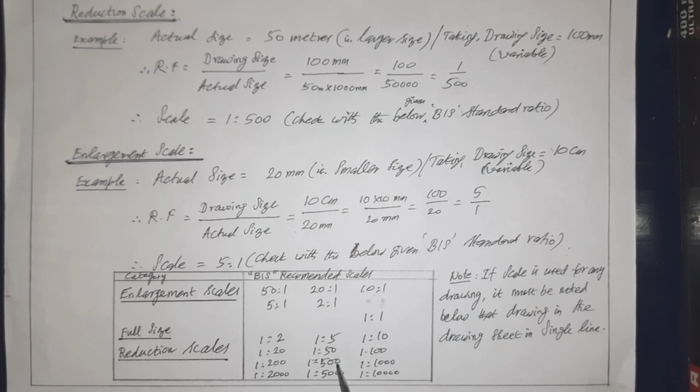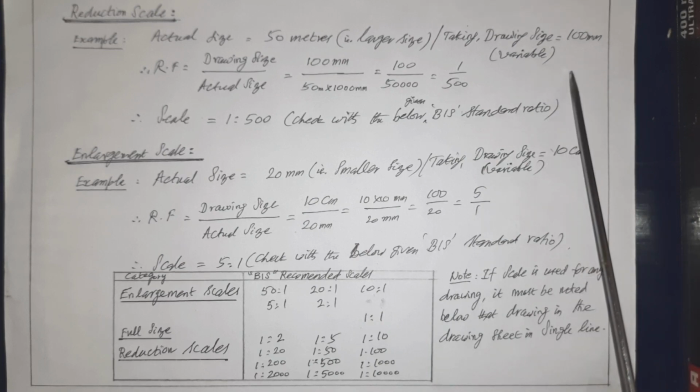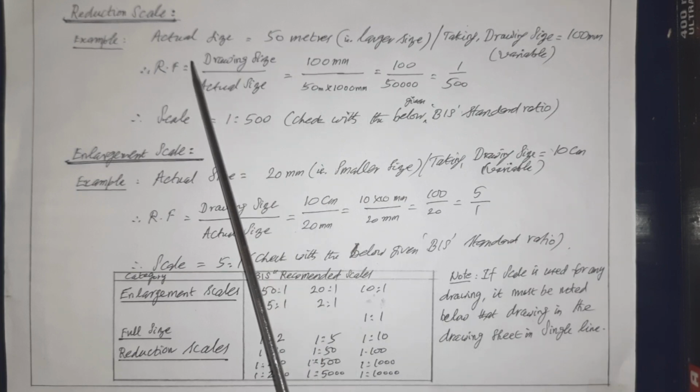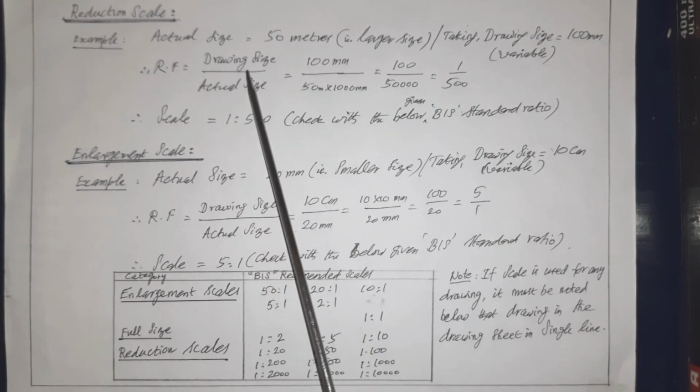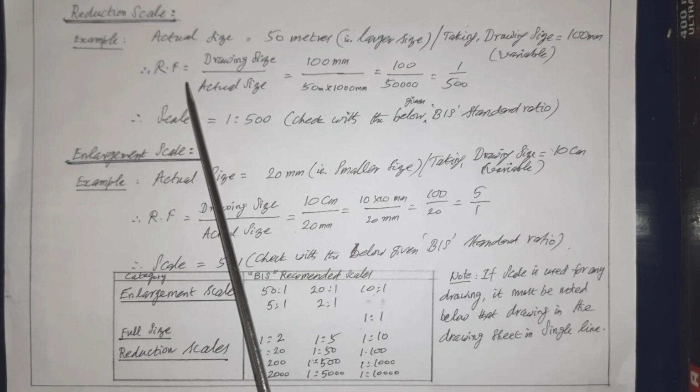So this ratio is available, so no change is required in the drawing size. Suppose the RF value is not in the recommended scale list, then we have to change the drawing size according to our convenience, since the actual size of the object cannot be changed to get the RF ratio.